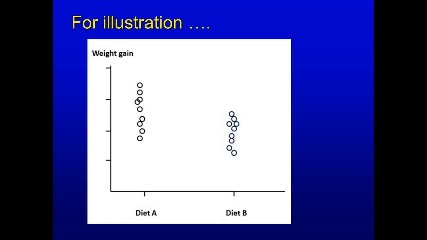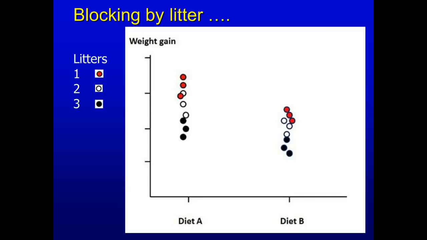If, however, you knew the parentage of the ones you picked up and were able to indicate those in each of the outputs, you might find that in the red litter 1, all of the diet B results were below the diet A. In the clear circles coming from litter 2, you would get, again, all of the diet B results below diet A, and similarly for those from litter 3.